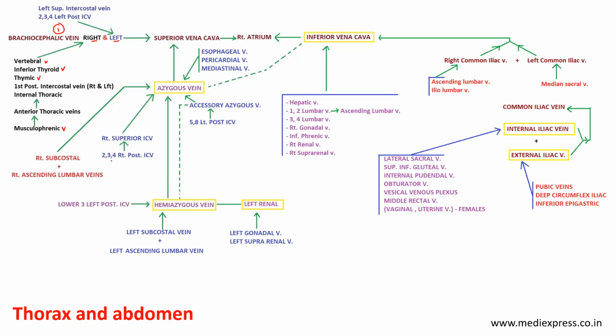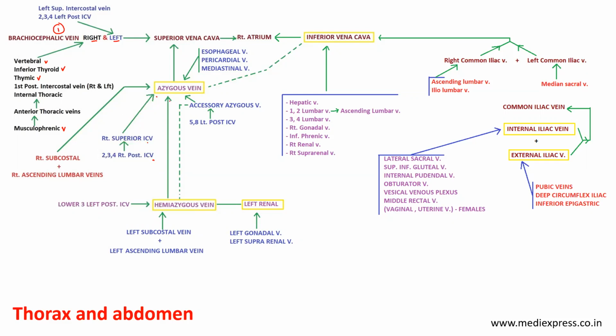From the second, third, and the fourth right posterior intercostal vein, left posterior intercostal vein, we know it drains into the left brachiocephalic vein. But second, third, and fourth right posterior intercostal vein, it will drain into right superior intercostal vein, and then that will go and drain into the azygous vein.